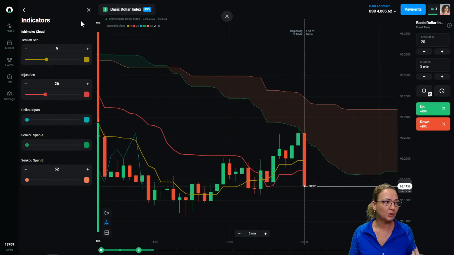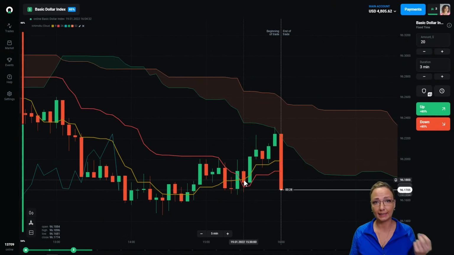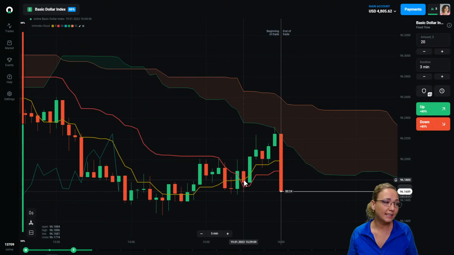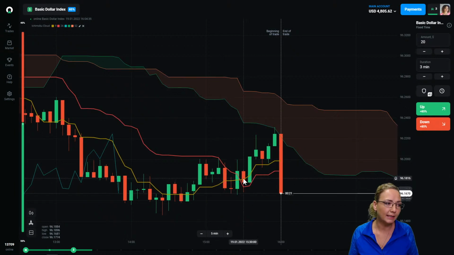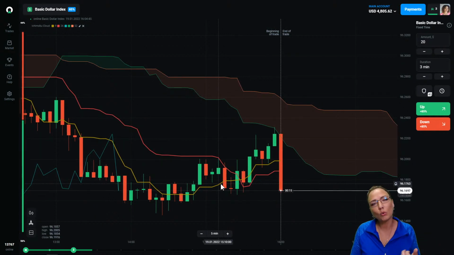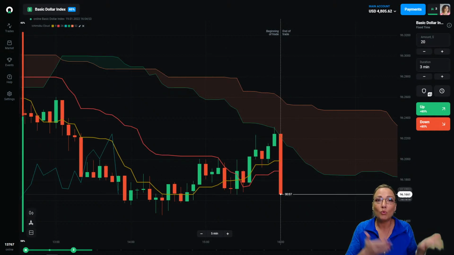The main 2 lines that we're focused on are these 2 lines right here. They are called the Tenkan-sen line and the Kijun-sen line, TK. The Tenkan-sen line is displayed in yellow by default. Now, the lines of the Ichimoku Cloud indicator have a distinctive formula calculation, but to make things simple, just think of them as moving averages.